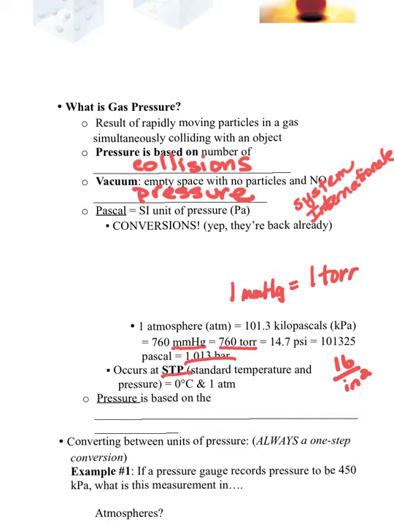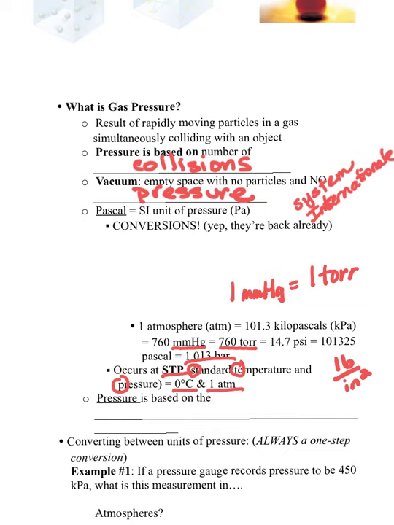We occasionally measure things at what we call STP. S stands for standard, T stands for temperature, and P stands for pressure. 0 degrees Celsius is standard temperature. 1 atmosphere is standard pressure.